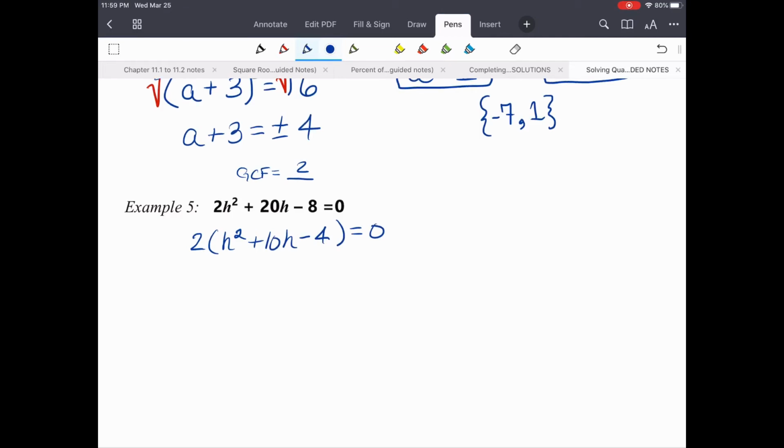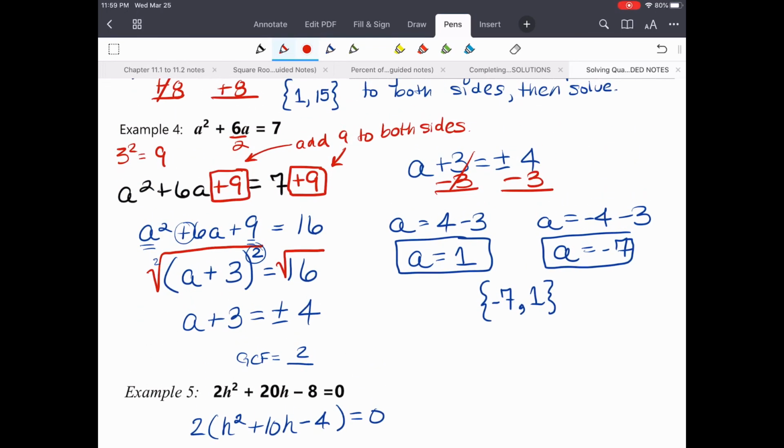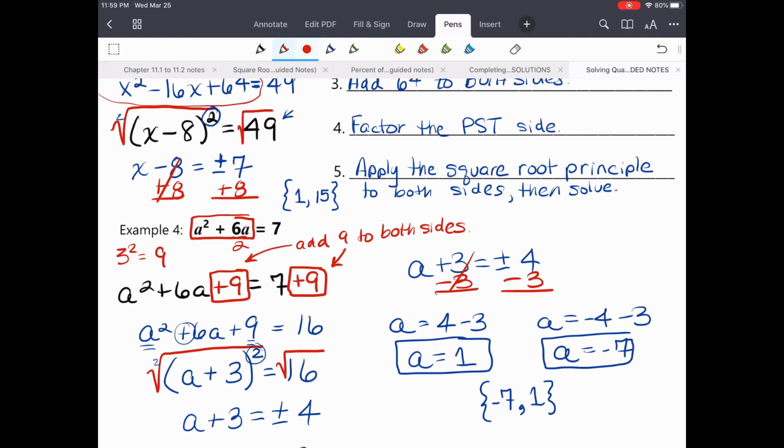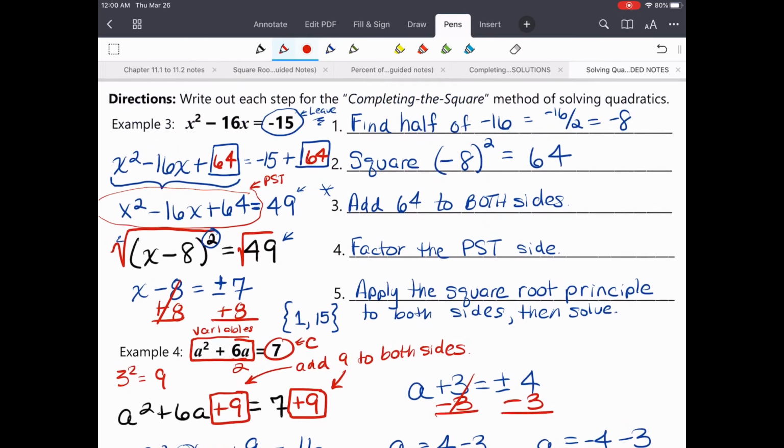And then here's something I really haven't talked about up until this last example. In all the previous examples, you might have noticed that we've had the variables on one side, and the constant, the c, has always been on the right side, on the opposite side of the variables.